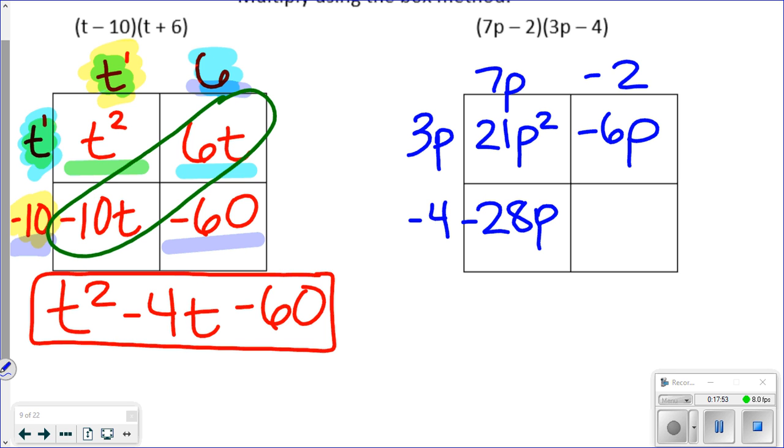Negative 4 times negative 2, 2 negatives make a positive 8. Now we're going to add them all up. These are the only 2 like terms, so we're going to leave the 21.